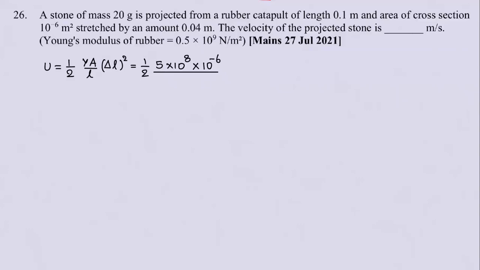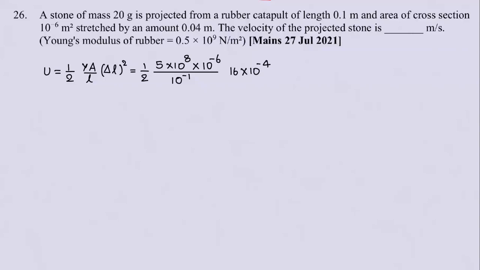Y A by L. Length 0.1 meter. 10 power minus 1 I'll take. Good. Delta L, 0.04 meter, right? Delta L square. So it will be 16 into 10 power minus 4. 0.04 meter, 10 power minus 2 square will be 10 power minus 4.